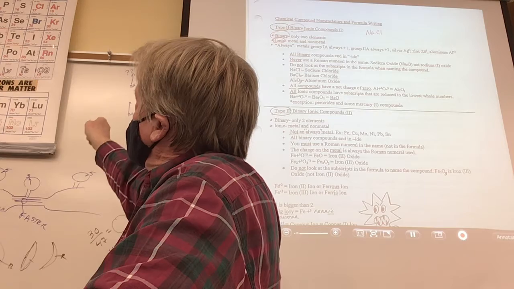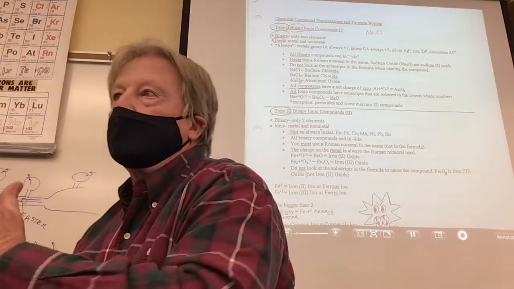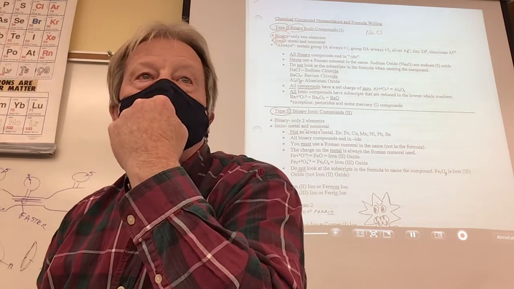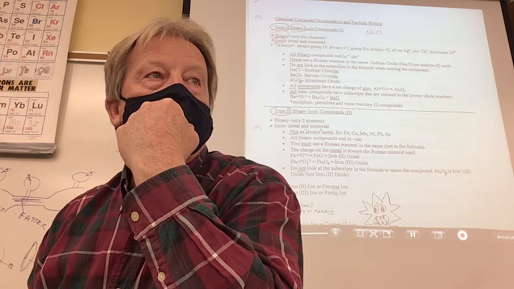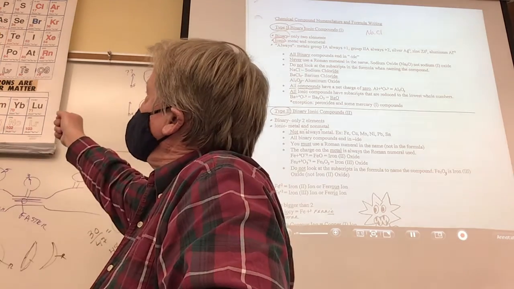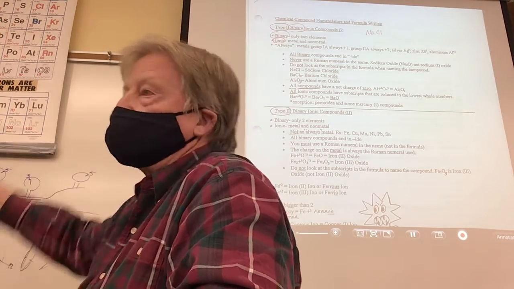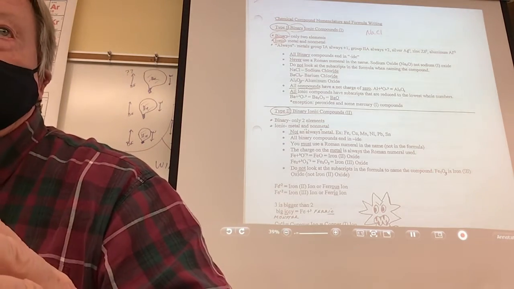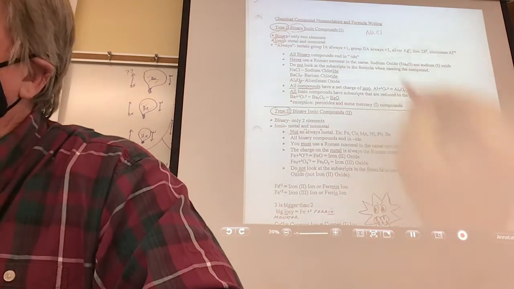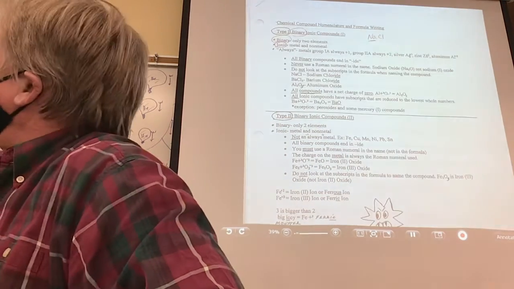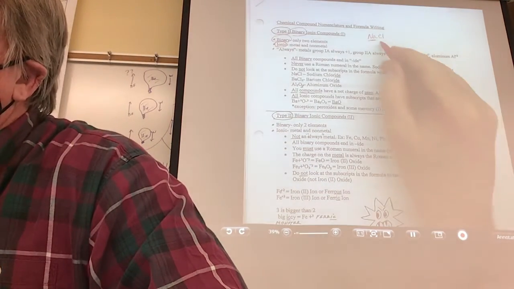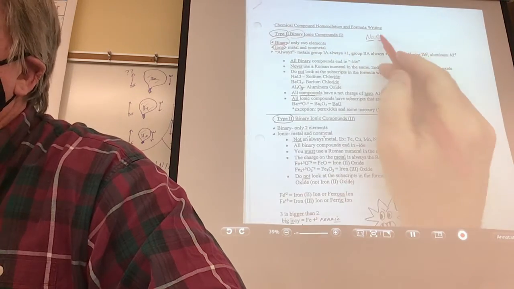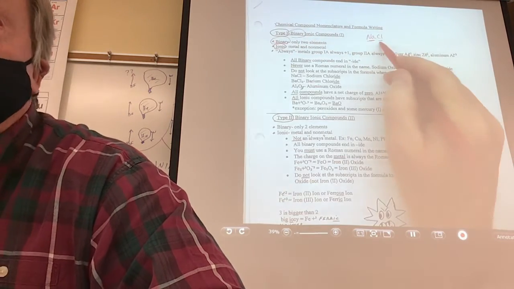Even though they're non-metals, they don't like to form compounds, so we won't be talking about them. So how many non-metals are there? Not too many. See? So if you have a metal and a non-metal together, you're going to form an ionic compound. Look. Metal. Non-metal. Ding, ding, ding. Am I binary? Yes. Are you ionic? Yes.